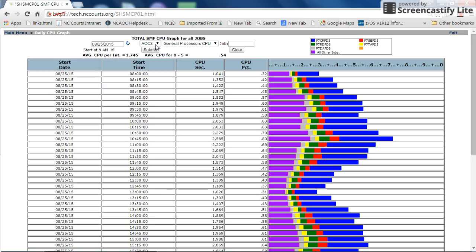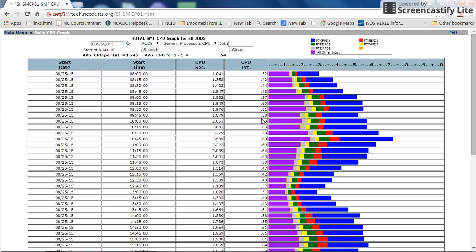That way we can keep our costs down because of the pricing formula with IBM. And we also like to keep an eye on this because we are paying on the rolling 4-hour average for the month. So all you need is a few bad hours and your costs can go way up for the month. So we try to keep an eye on what's running.